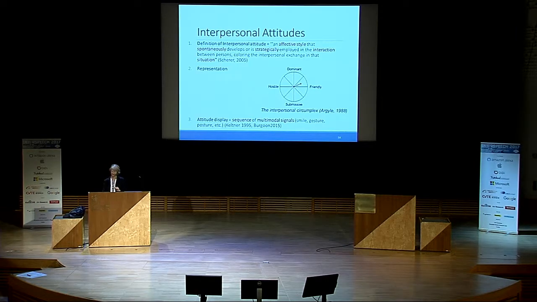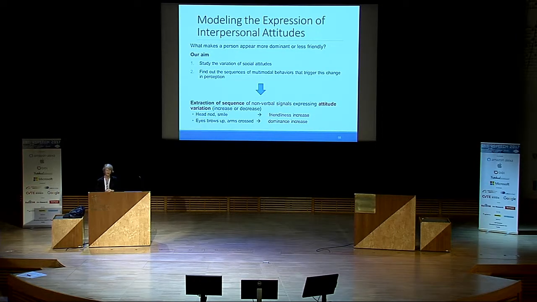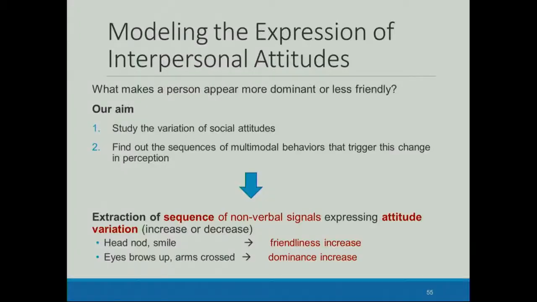The representation of attitude that we looked at is a dimensional representation where we have the dominance axis and the friendly axis. So we wanted to see what makes a person appear, for example, more dominant or more friendly. What are the behaviors, the set of behaviors, the sequence of behaviors that create such a variation?